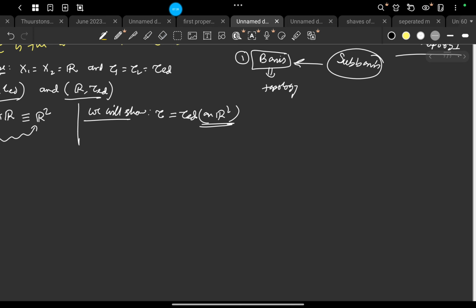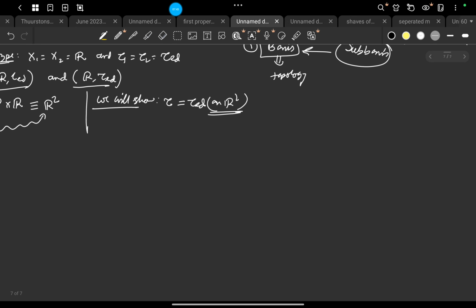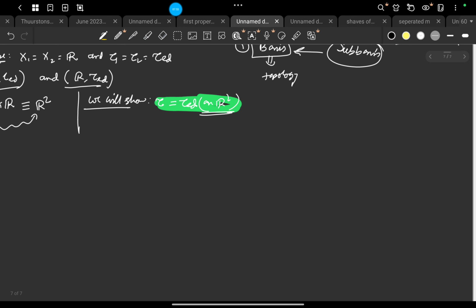From there you can construct a topology. As my primary target is that it has to be the same as the normal Euclidean topology, we can guess that the basis for this tau must be the same as the open balls, right?